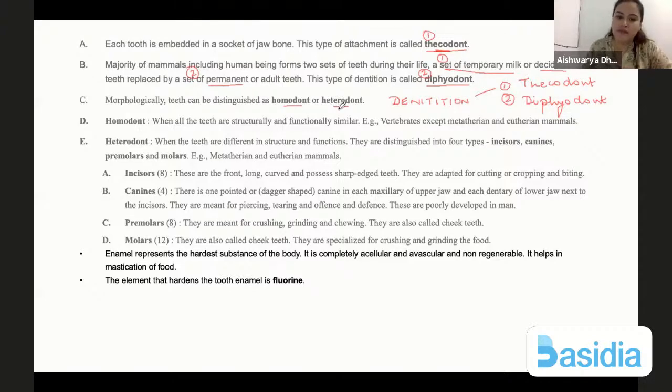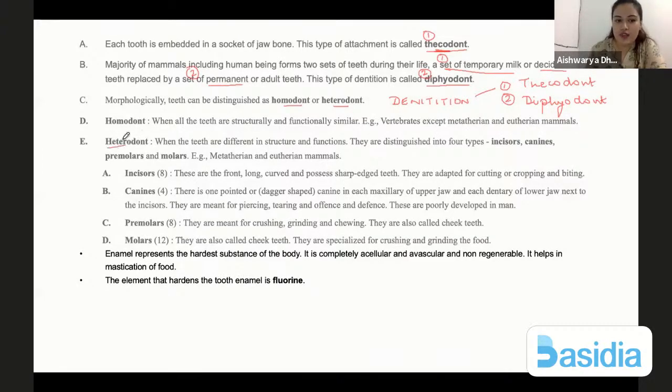Homo means same, hetero means different, dont means teeth. So homodont means all the teeth are structurally and functionally similar. They all will be looking the same and the functions will also be the same. This is usually found in vertebrates, except your mammals, and even some metatherian and eutherian mammals.